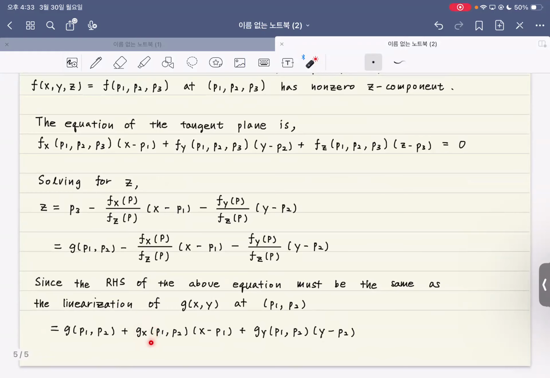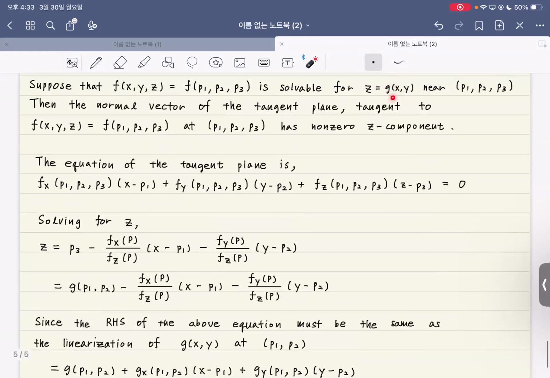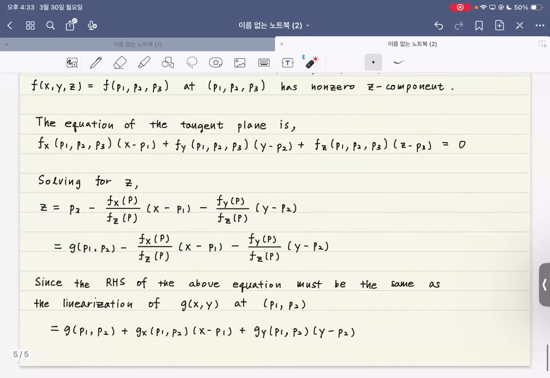Its partial derivative with respect to x is this, and its partial derivative with respect to y must be minus this. So the point here is that the partial derivatives of this implicitly defined function can be written as combinations of the partial derivatives of the original function.